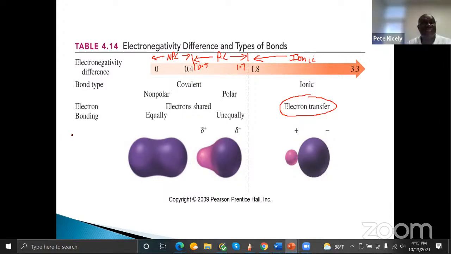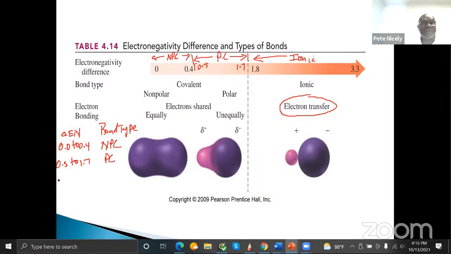So to summarize, I'm just going to construct a little table here. If the difference in electronegativity between two elements is 0.0 to 0.4, then the bond type is non-polar covalent. If the difference goes from 0.5 to 1.7, then the bond type is polar covalent.